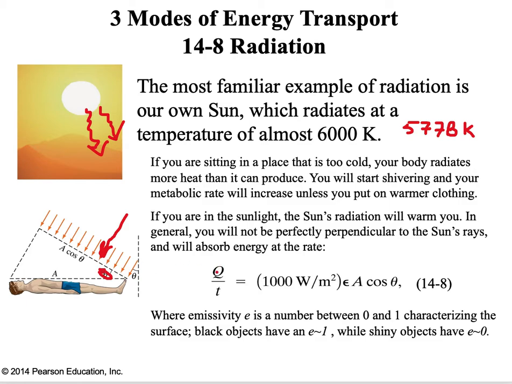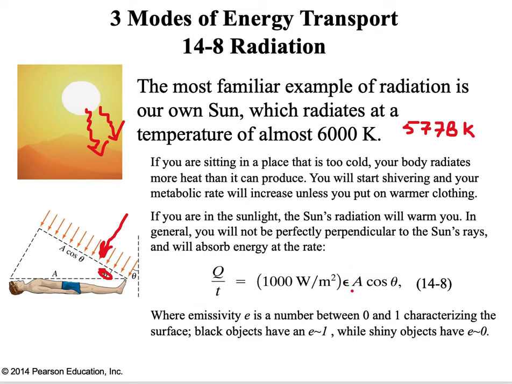So we want to know the amount of heat that's being transferred by the sun per unit time. Well, that is 1,000 watts per meter squared multiplied by the emissivity E, multiplied by the area A, and the angle that the light is coming in at. The area A is your surface area that's being exposed to the sunlight.